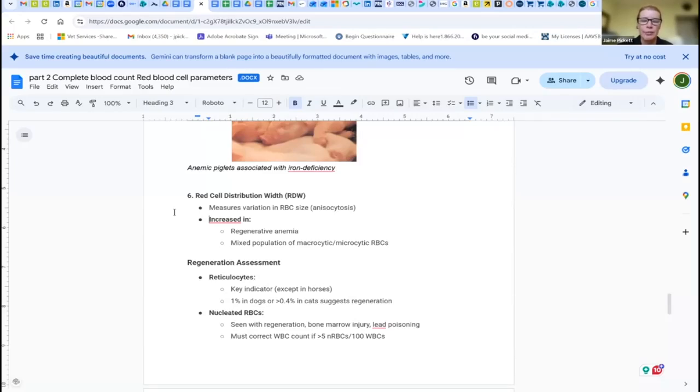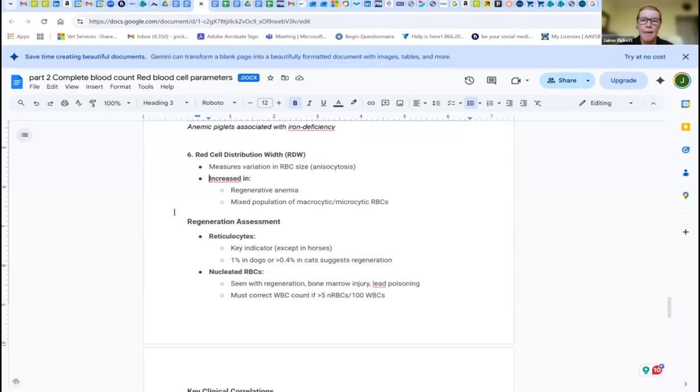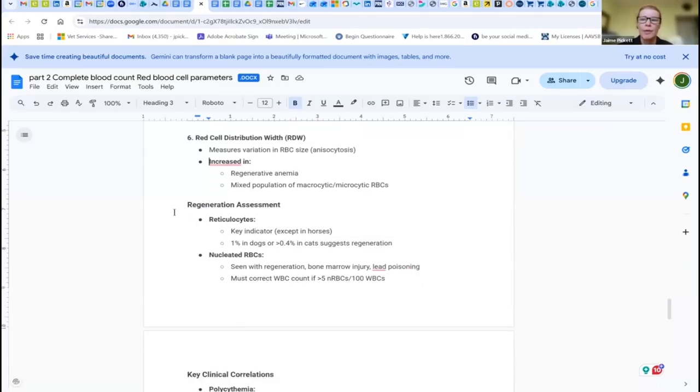So, looking at regeneration, reticulocytes are one of our best markers of regenerative response, except in horses. Horses seem to be the exception in a lot of things. If the reticulocyte percentage is higher than expected, the marrow is trying to compensate for anemia.